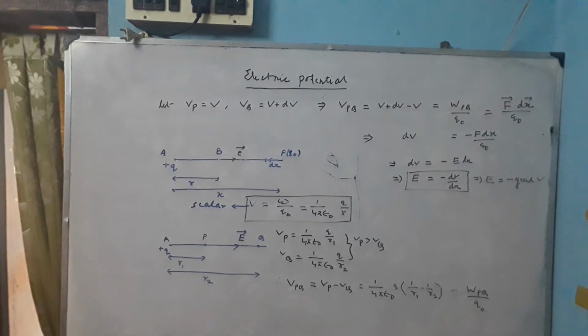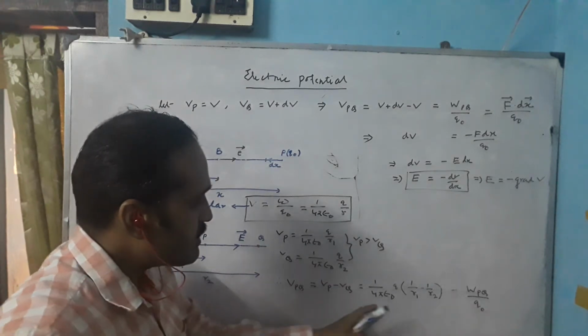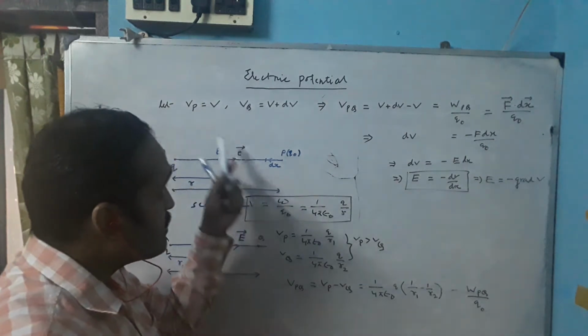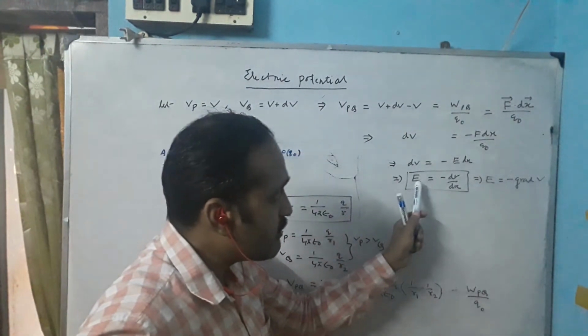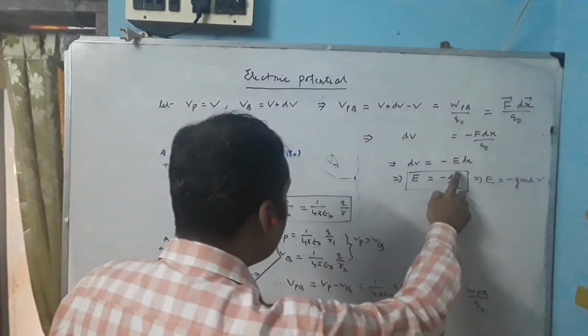This is all about your electric potential. The basic formula of potential is this. Potential difference is this, which is nothing but the work done. And there is a short relation between electric field and potential: E equals minus dV by dx.